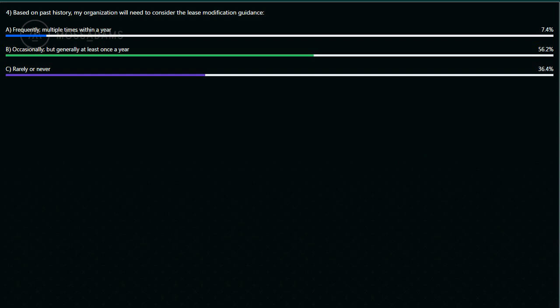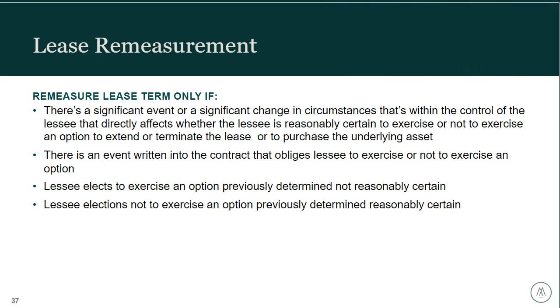So, we spoke about lease remeasurement. This is when we have assessed the lease term to be 2 years, and that's the contractual term. We are not reasonably certain upon commencement to exercise the option to renew, and so we use the 2 years as our lease term. A year down the road, something has happened. We'll talk about those examples.